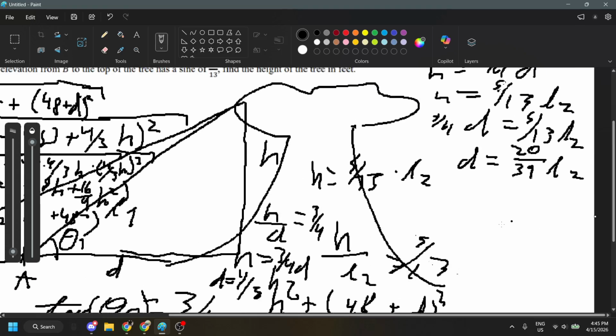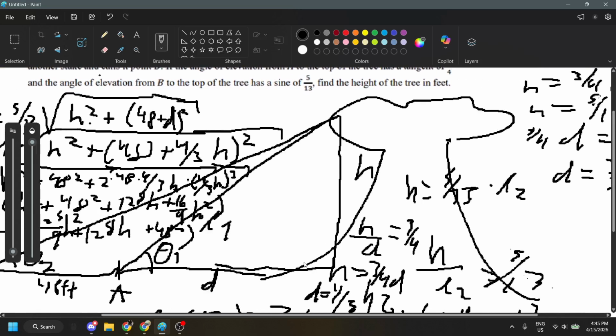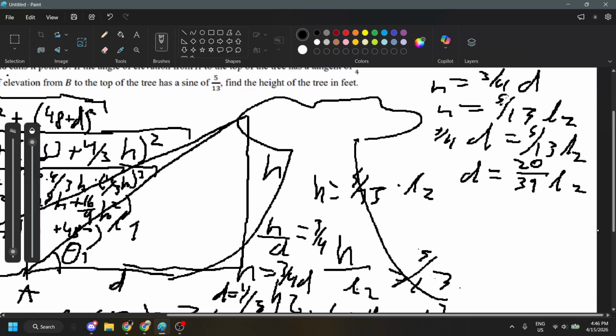L2 is the square root of h squared plus (48 plus d) squared. So by doing that, we have to do this entire long thing.